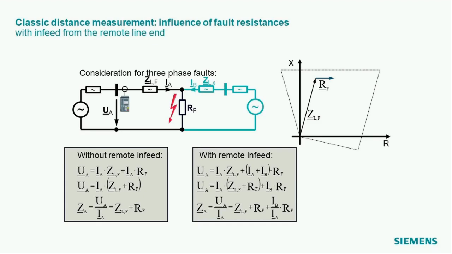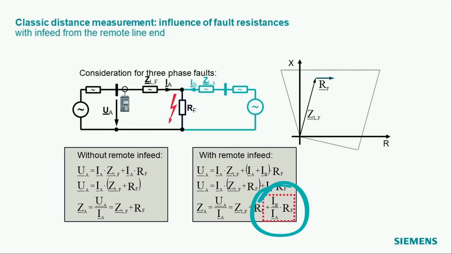I don't want to go through all this equation, but the result is you get this additional value here. That means instead of measuring, as indicated in this plot now, the piece of line plus the fault resistance, you measure an additional part, which is here in this red box.